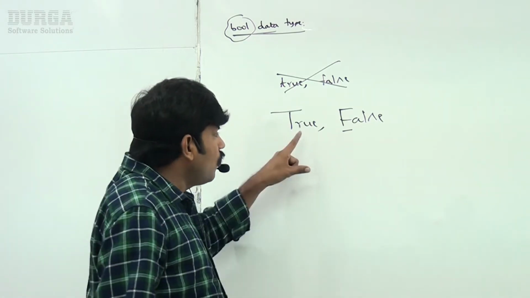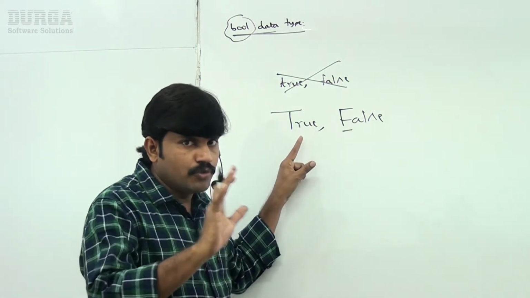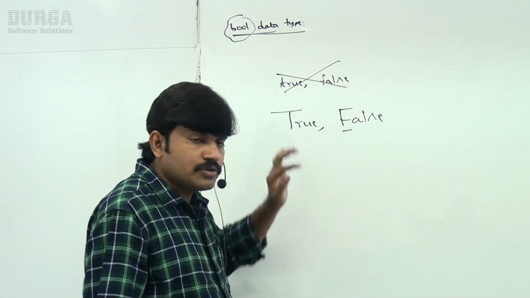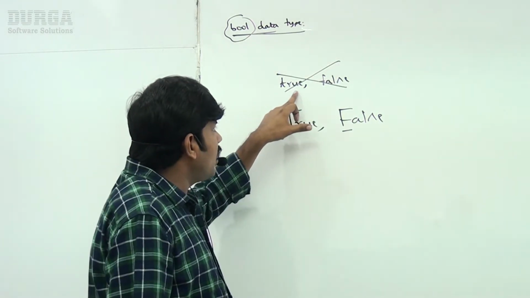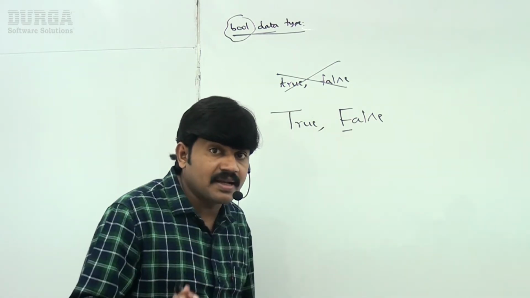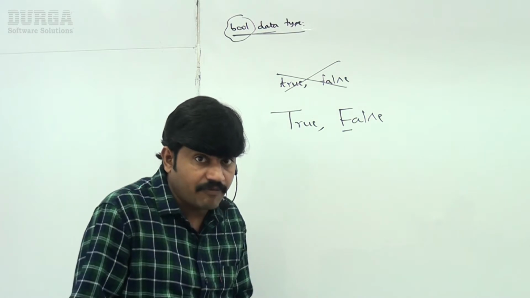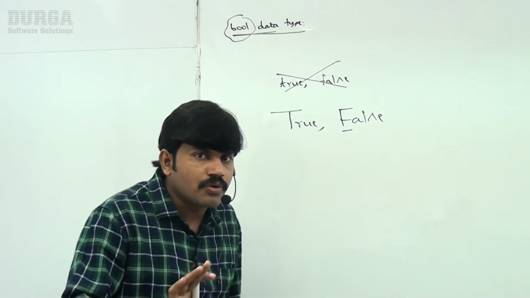These are the only allowed values for the Boolean data type in Python. By mistake, if we write small true or small false, immediately we are going to get an error. What is this true? Name error.